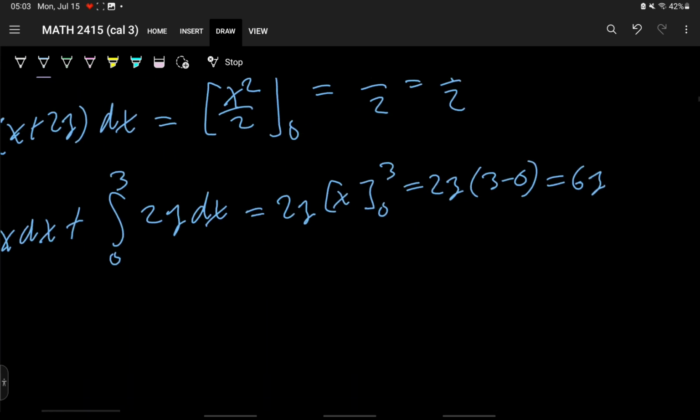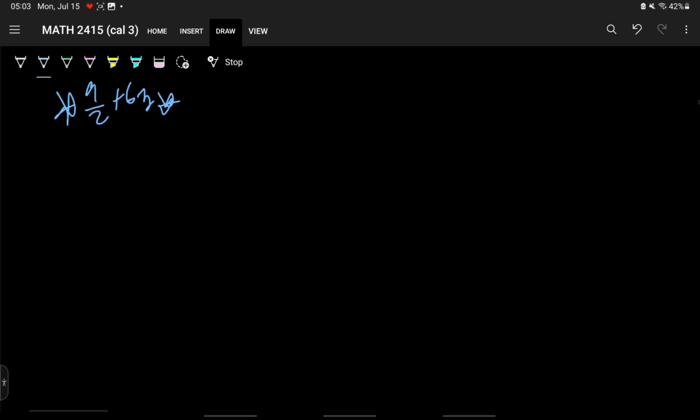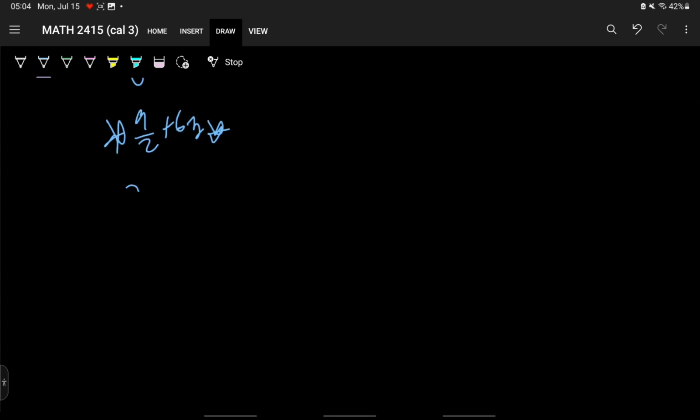So it's going to be 9 over 2 plus 6y. So now let's integrate with respect to y. So we're going to have the integral from 1 to 4 of 9 over 2 plus 6y dy.